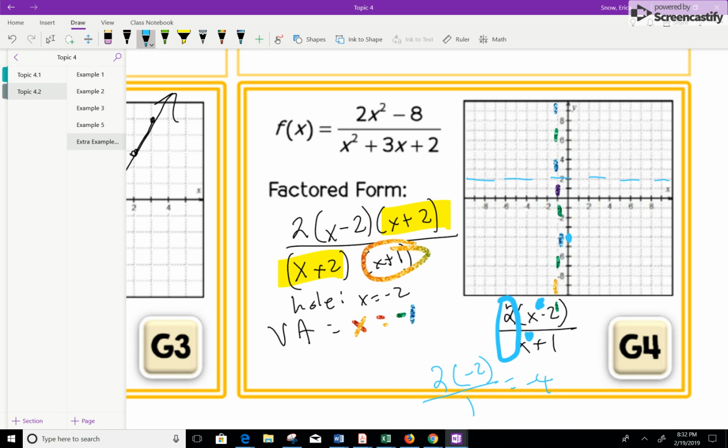And then when I plug in -2, I get 2 times -2 minus 2 over -2 plus 1, which gives me -8 over -2, which is +4. So I'm going to get -2, 4. So those are the 2 points on my graph. And then I draw my graph.